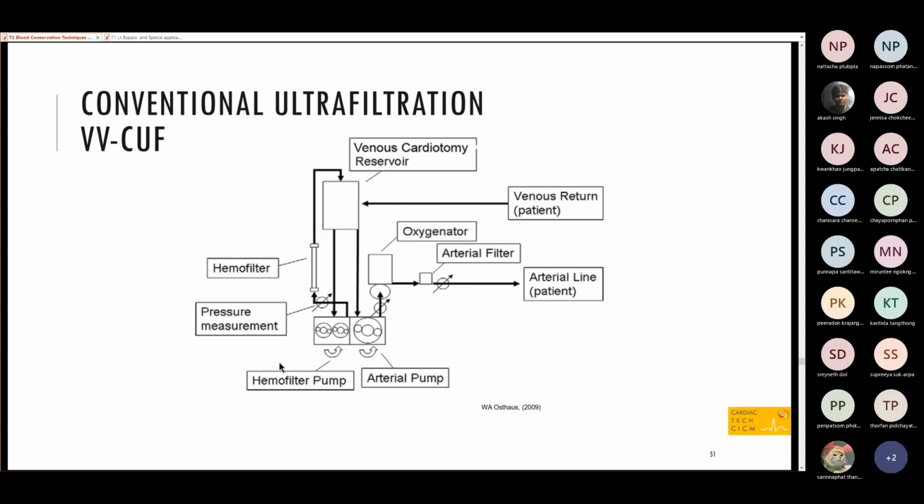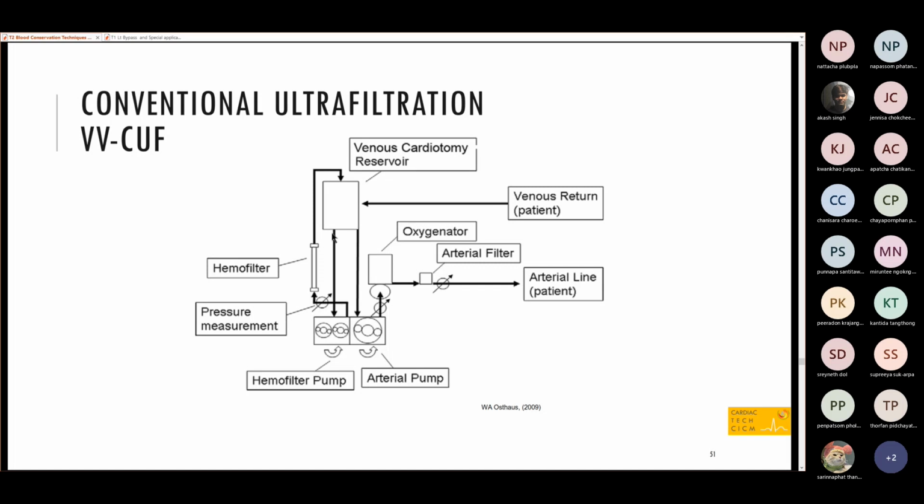But in the VV cuff, we put the cuff line from the venous side, like in this picture. In this diagram, they separate the blood directly from the reservoir.